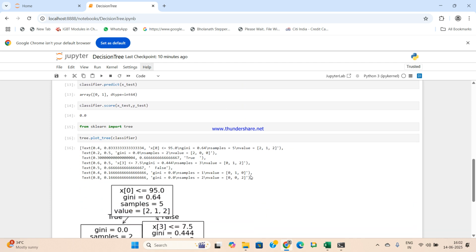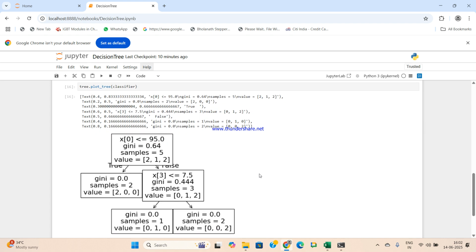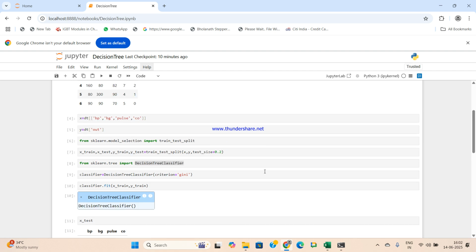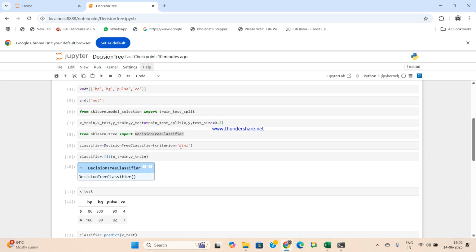This decision tree has a huge application today in medical science; virtual doctors use this. Instead of Gini, you can use entropy. Now you have to run all the commands.